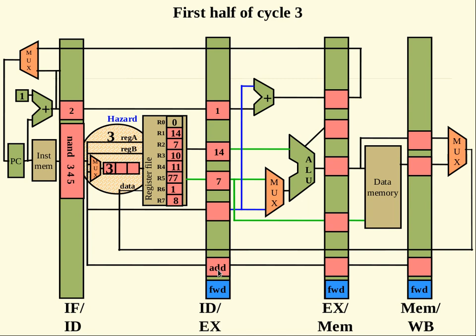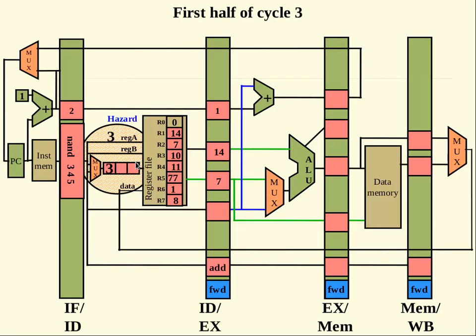That add, right? We've detected a hazard for register 3 with the next NAND. So you're detecting it as soon as you load it in there. In decode. Decode has to detect it, because decode is the only stage where you can issue the stalls. Go back to the very beginning? This is the beginning.